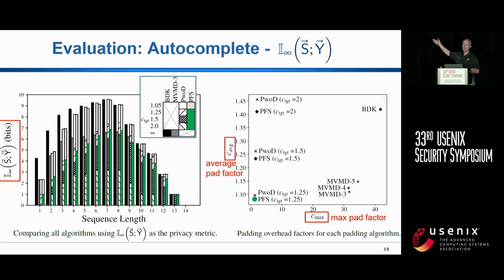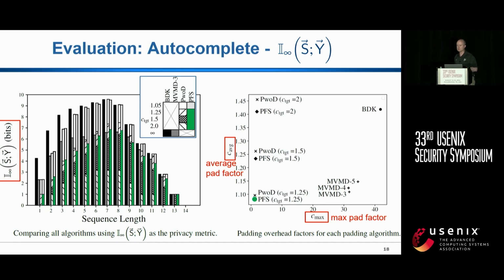But then we also plot on the y-axis what was the average resultant pad factor after applying the padding scheme to all of the objects. For this chart, values in the lower left are going to be better because that indicates that less padding was applied to the objects, whether maximum or average.